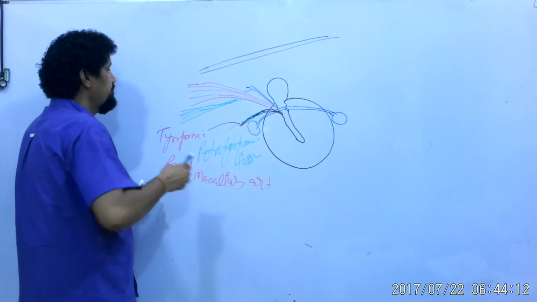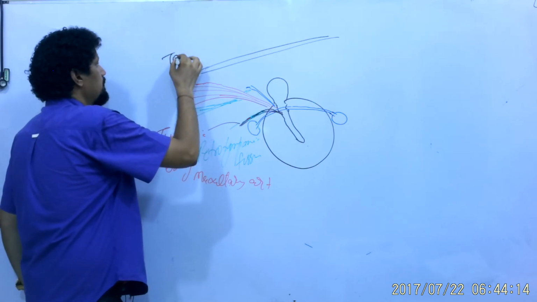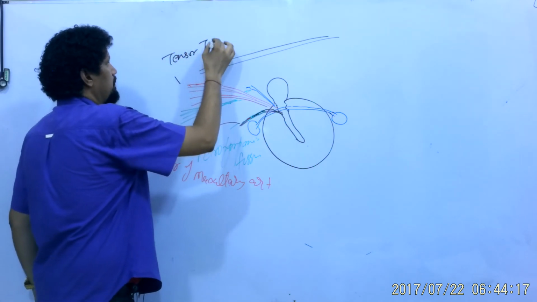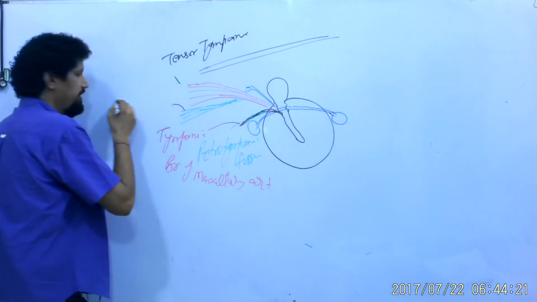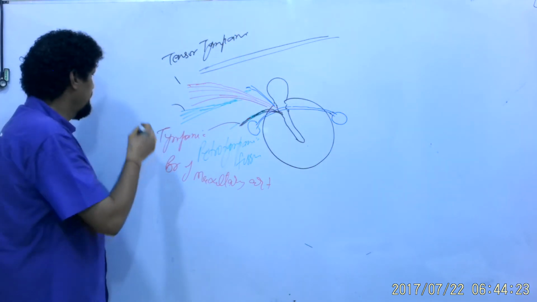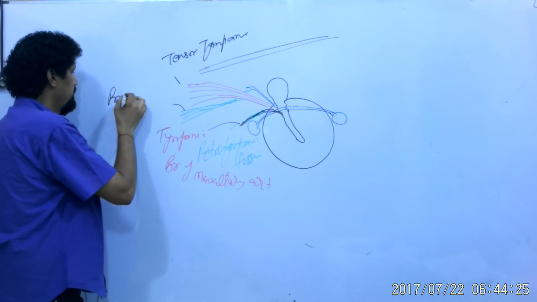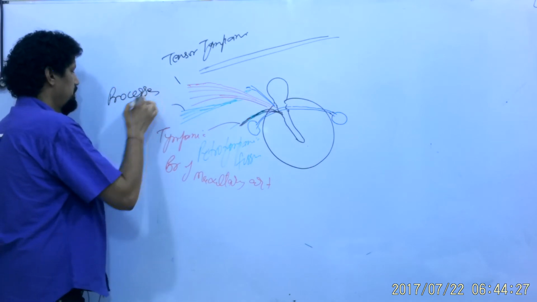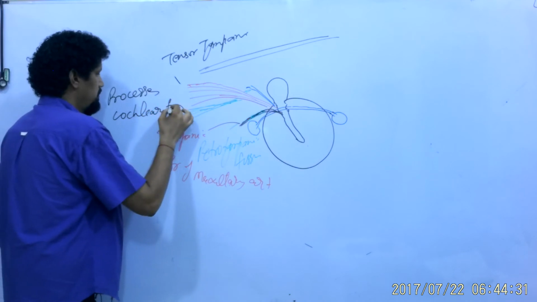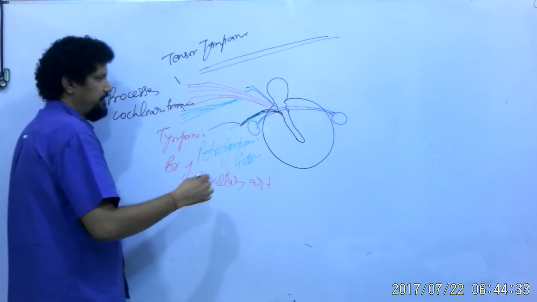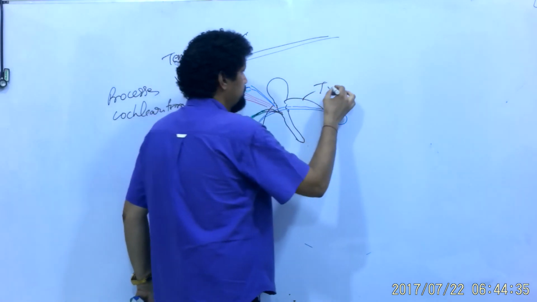This is the tensor tympani, and this is again the processus cochleariformis, and this is the tympanic membrane.